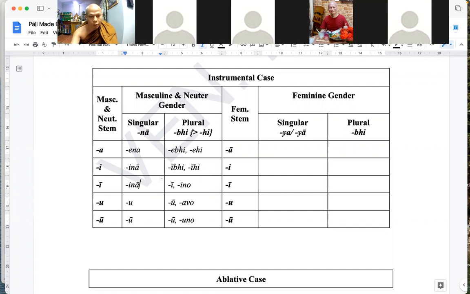And for the i also ina, so plural ibhi, ihi. So for the u also, na is added. Na, we already learned that one. I am just correcting. And the ubhi and uhi.